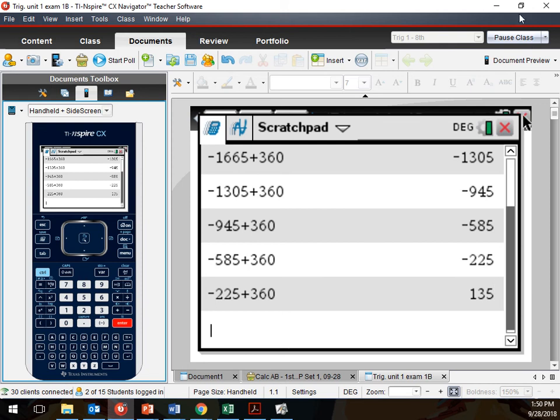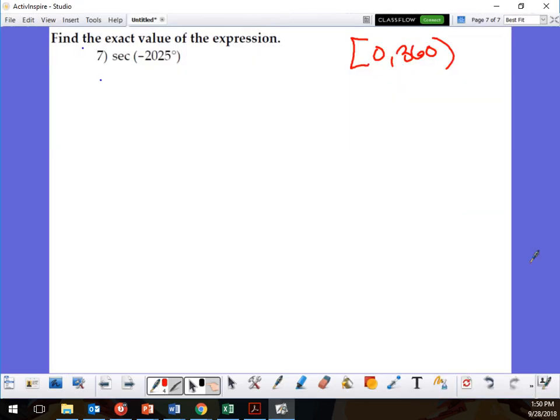So 135, I gave you guys the unit circle, right? So it's actually asking for the secant of 135. Secant is the reciprocal of what? Cosine. So what is cosine at 135? Negative rad 2 over 2.